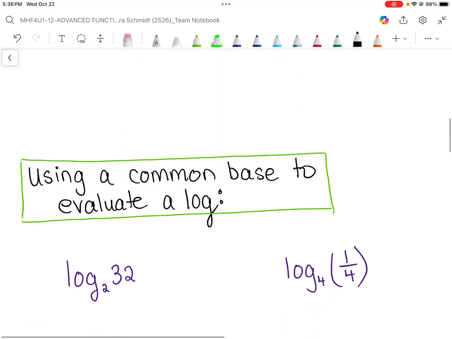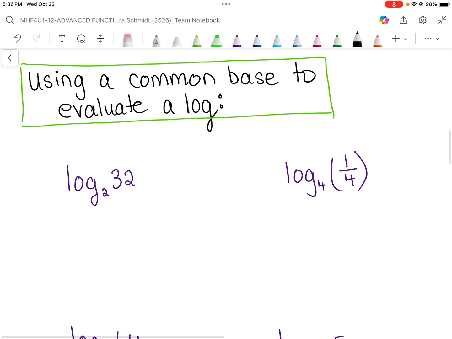Okay. And now let's try evaluating a couple of logarithms. So I'm going to talk about a common base, but I'm not only going to talk about that. There's other ways to think about it. So if you have log base 2 of 32, basically you're thinking 2 to the power of what is going to equal 32. So sometimes it's just nice to write the 32 as a base of 2.